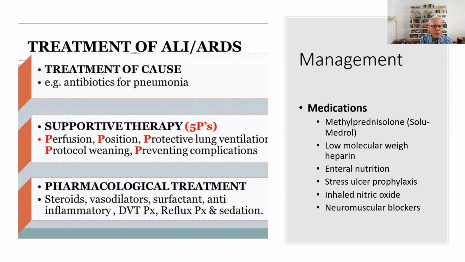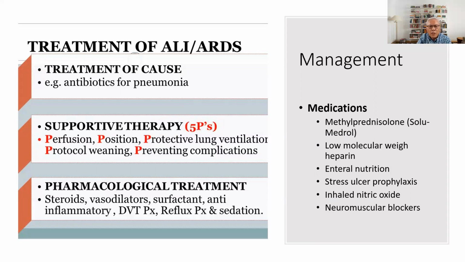Patients with ARDS usually receive low molecular weight heparin or low-dose unfractionated heparin or other anticoagulants, and this is to prevent venous thromboembolism, unless of course, these agents are contraindicated. And then the other thing is enteral nutrition, and this is important in order to maintain good nitrogen metabolism, as well as stress ulcer prophylaxis.